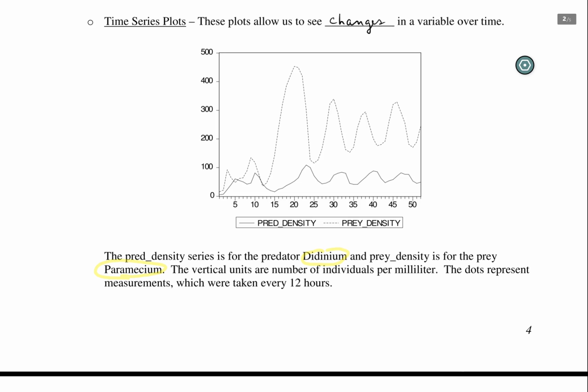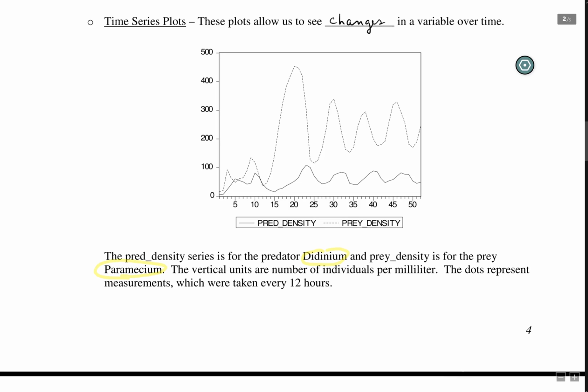The Didinium eats the Paramecium, and so scientists are often interested in the interplay between these two organisms, really in general between predators and prey. The time series plot allows us to see some cool things between the prey and the predator. If you look here at the prey density, as time goes on, we see an increase in the prey density.